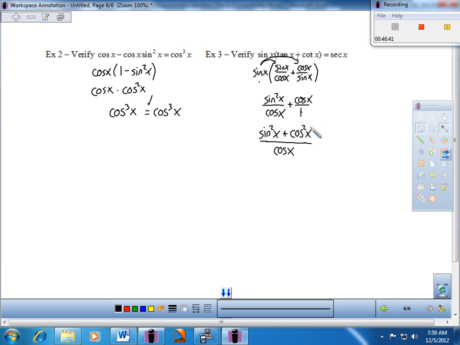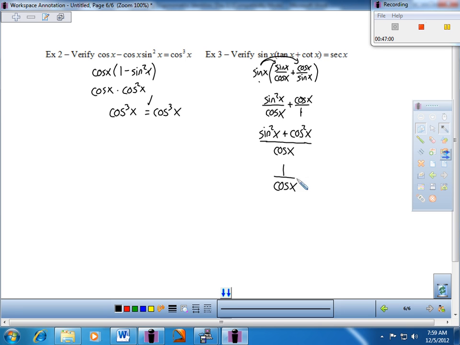Now again, this I can't help with. But you have to be able to recognize this piece up here. And as we saw, we took a lot of time to develop it. Sine squared plus cosine squared is 1 by definition. So that whole numerator is just 1. And so I get 1 over cosine of x.